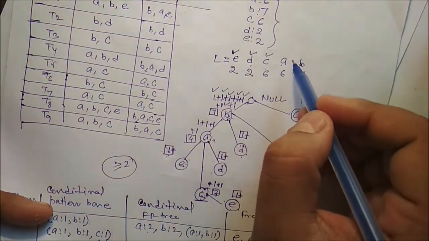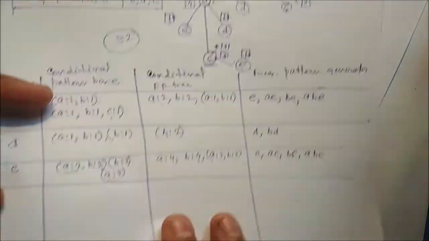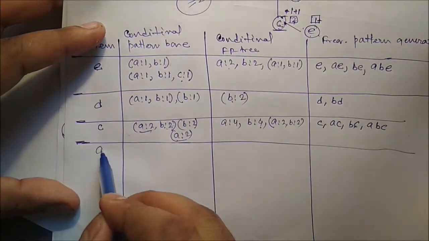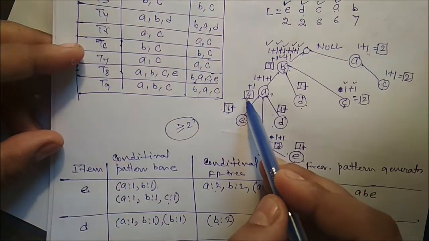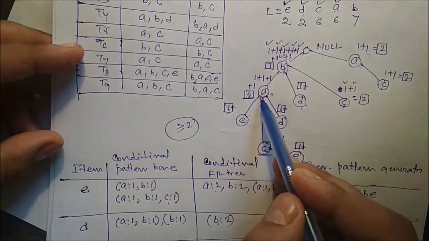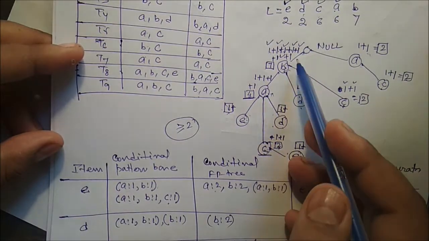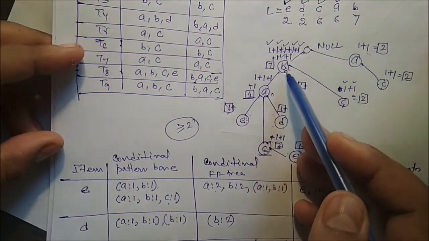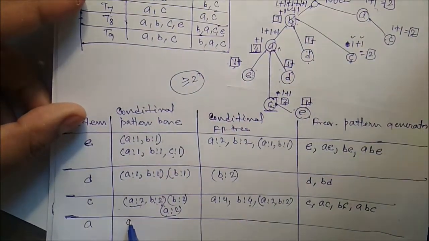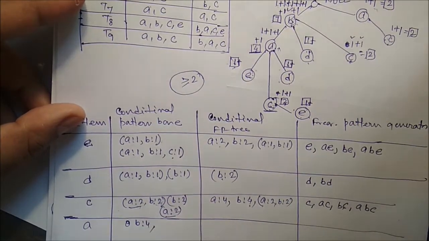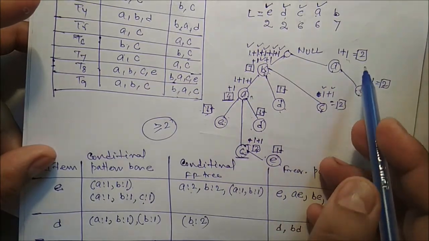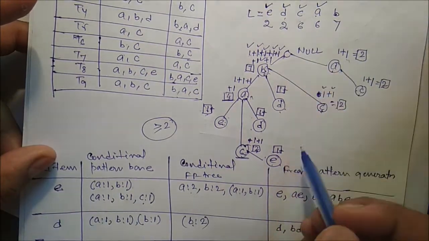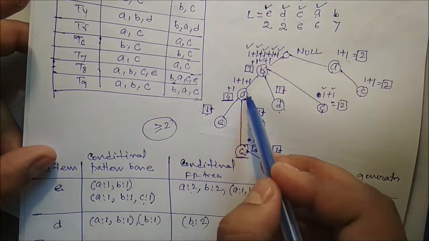We can see another one, say A. You have to check for A. Now we can see here A, it is 4 times. That means the algorithm follows this particular path 4 times, so we can write B4. Another A is this one, so there is no path before that, only A is there.